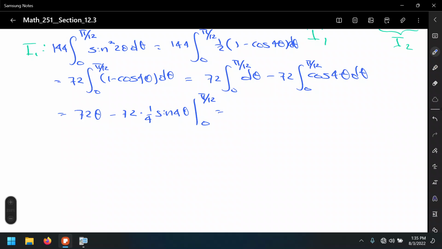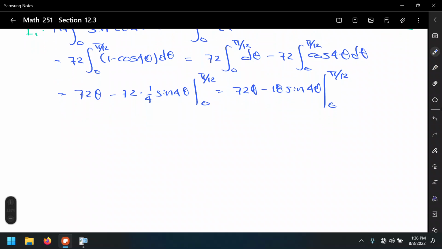Alright, so let's simplify. 72 over 4, I think, is 18. So 72 theta minus 18 sine 4 theta, evaluated from 0 to pi over 12. And as usual, upper limit minus lower limit.